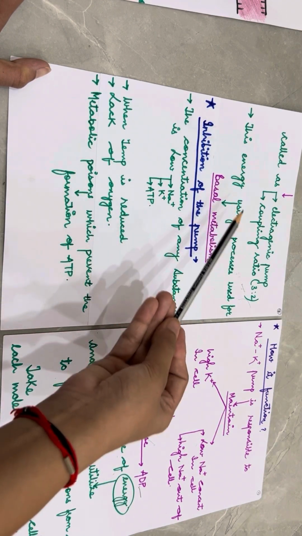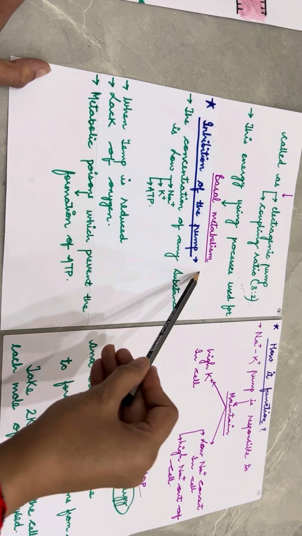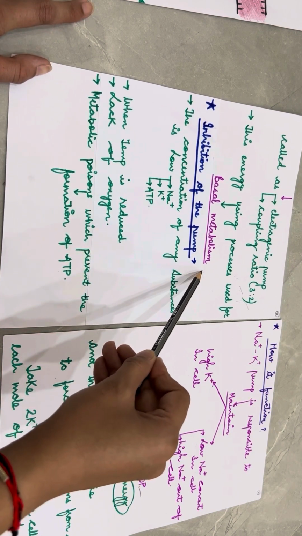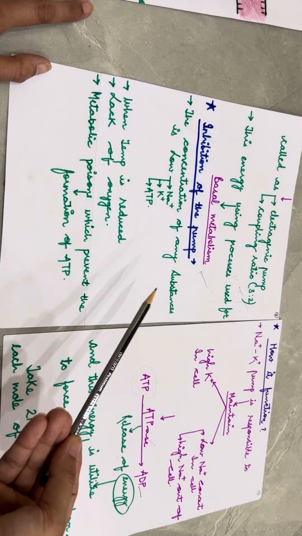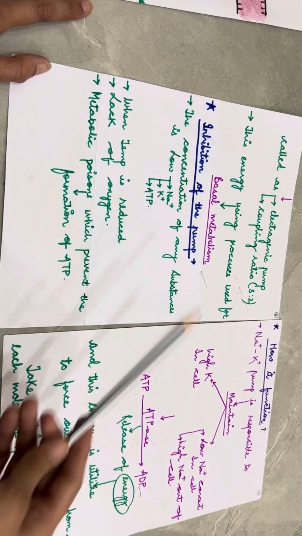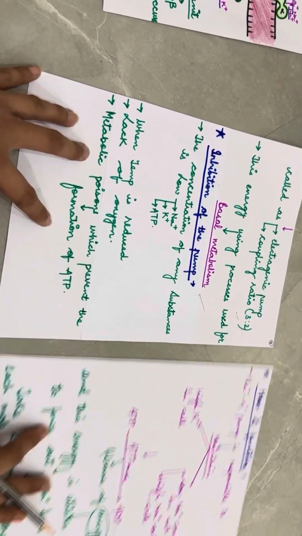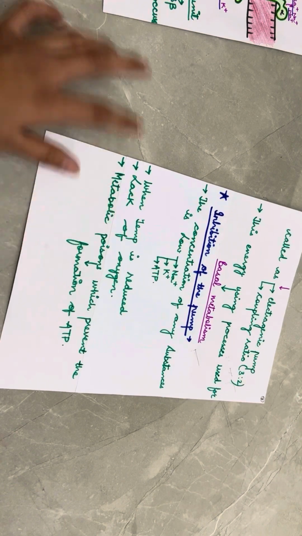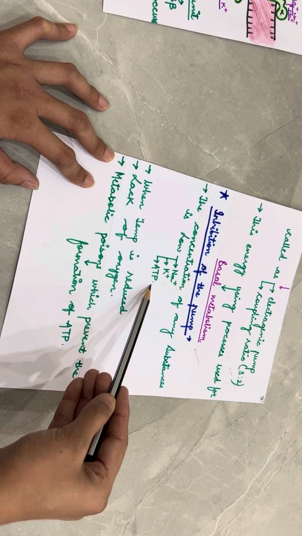So this energy-using process is used for basal metabolism. All the basal metabolism uses this process to bring the ions into the cell or kick the sodium outside the cell. And how does inhibition of the pump occur? When the concentration of any substance is low, like the concentration of sodium, potassium or ATP.